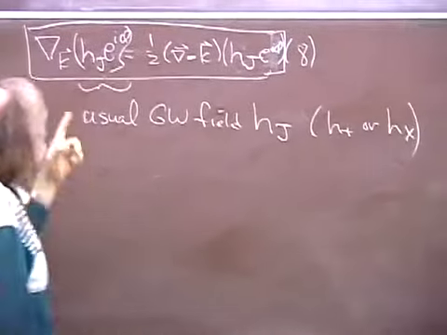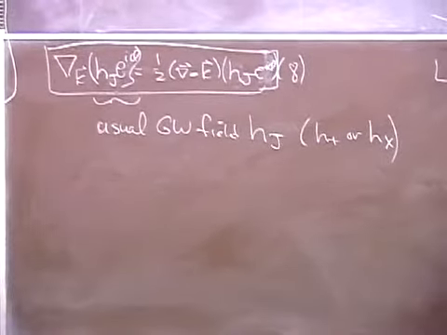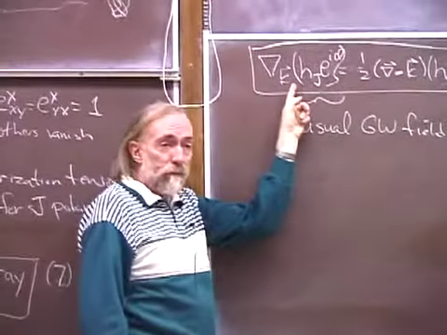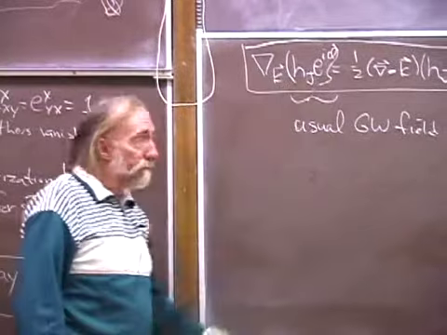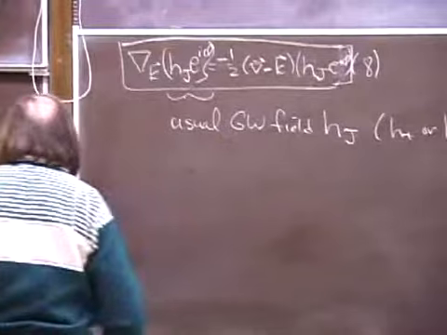The statement is that the usual gravitational wave field is transported along the rays according to this transport law. There's a minus sign on the right-hand side, which I lost from over here.